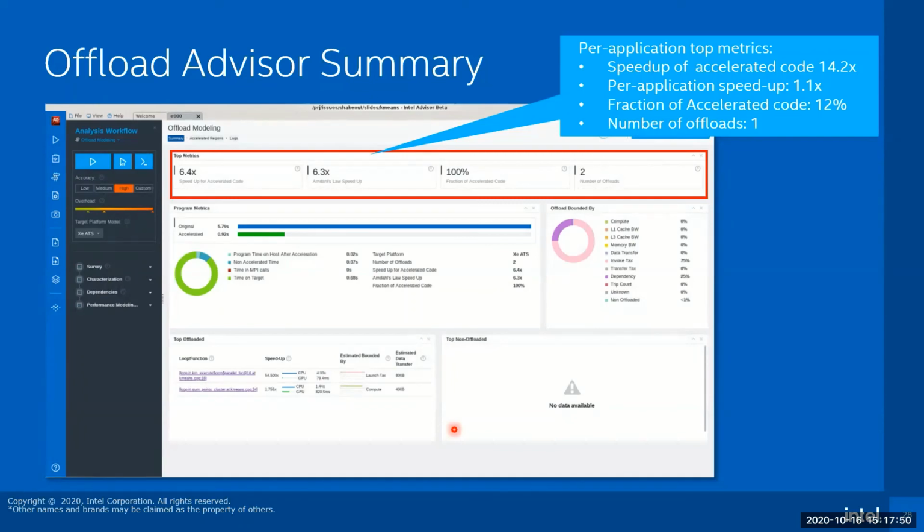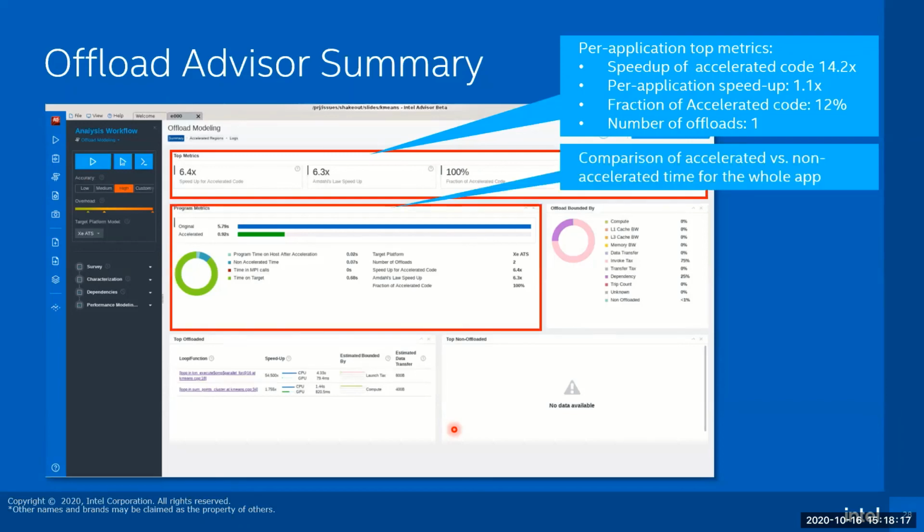So it will show the top metrics for the whole application: what is the overall speedup projected for a specific GPU architecture, which fraction of the application is going to be accelerated, and the number of offload regions which are proposed to be accelerated.